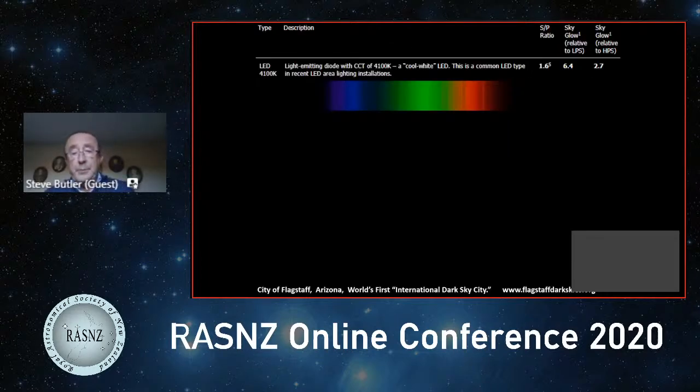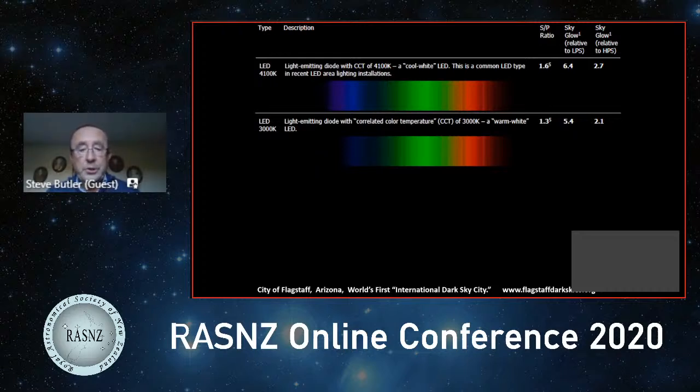If we look at the spectrum of these particular light sources, the first one showing is the recommended street lights spectrum for New Zealand, 4,100 Kelvin, and you can see that it's a reasonably broad light source with quite a strong blue band within it. 3,000 Kelvin is a correlated colour temperature that is allowable in New Zealand for dark sky protected areas.